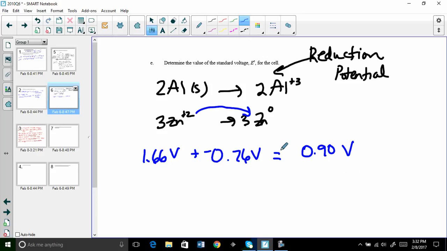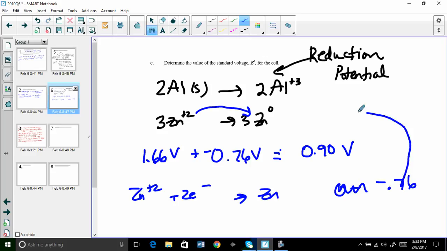Give me a minute, I have this thing right here. On the sheet, it used to be the third page of the old test. When I find zinc on this sheet, it is Zn2+ plus 2 electrons goes to Zn, and right next to that it says negative 0.76. So this is negative 0.76, which is right there.